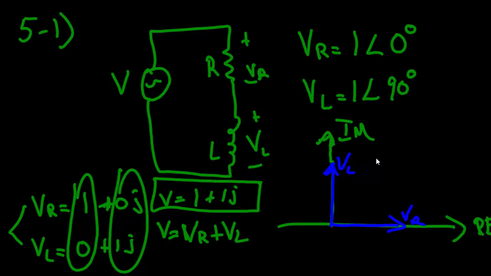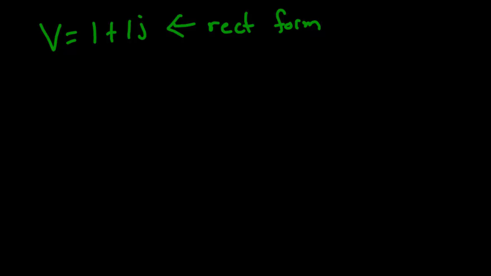And then it says write V in both rectangular and polar form. Well, we have it right now in rectangular form. Now we've got to convert it to polar form. So how do we convert V, which equals 1 plus 1j, in rectangular form into polar form? Exactly.